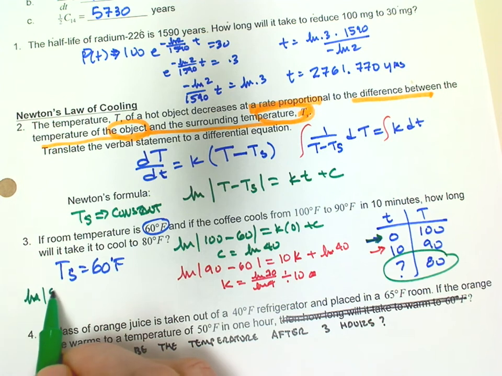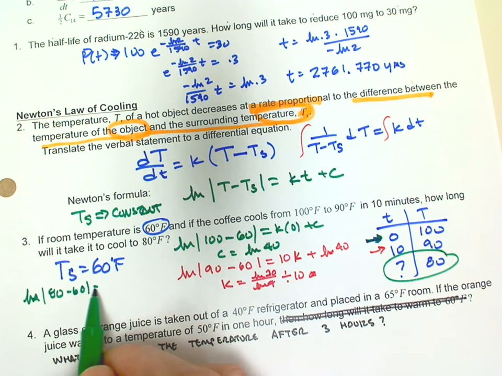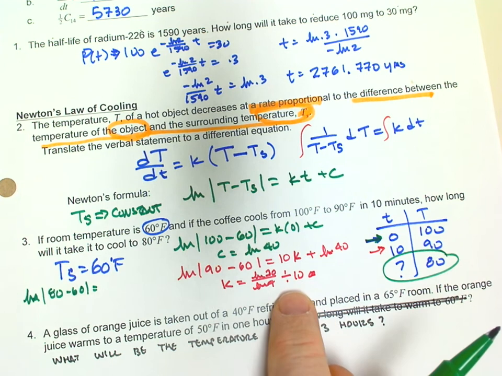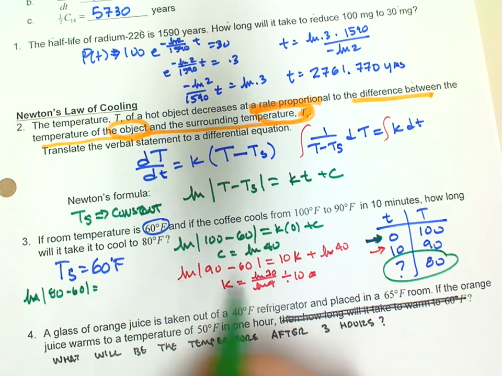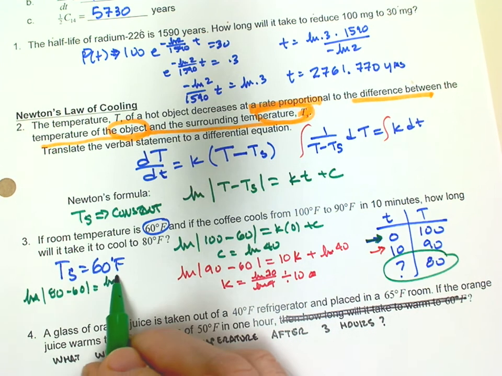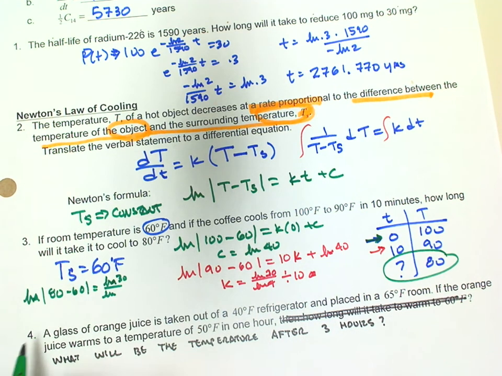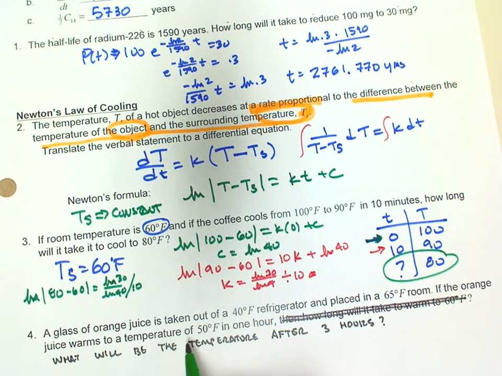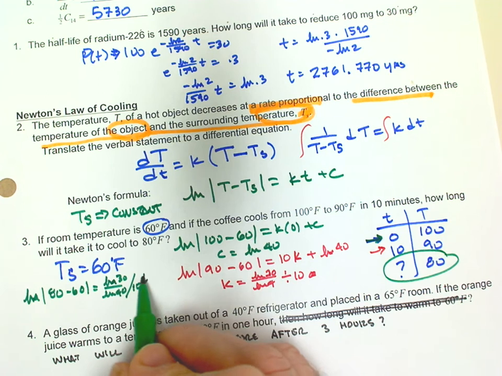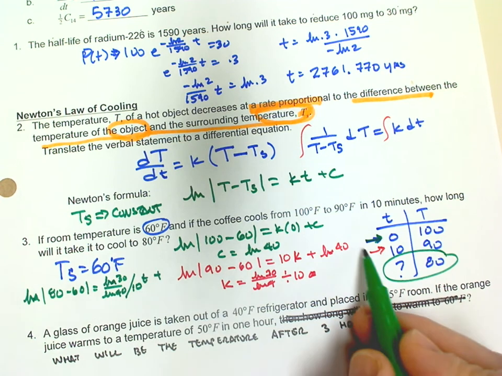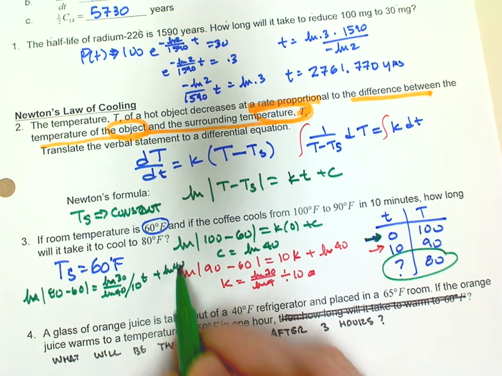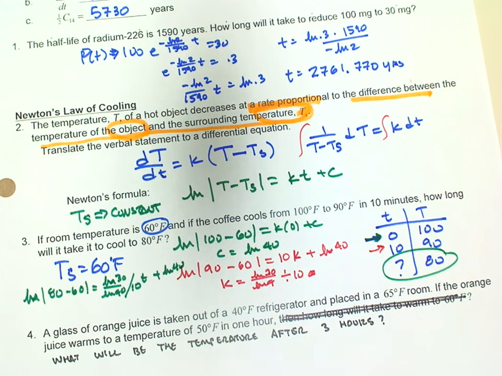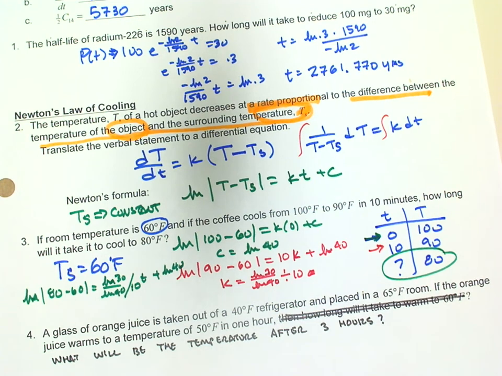This will be 80 minus 60 equals that K value we got here, the natural log of 30 minus the natural log of 40, divided by 10. That is times T, and then plus the natural log of 40 that we had before. Okay. Should be a 40 there. It looks like I just wrote 4.